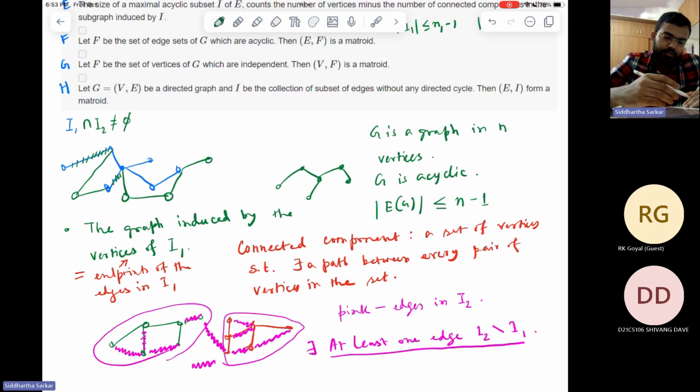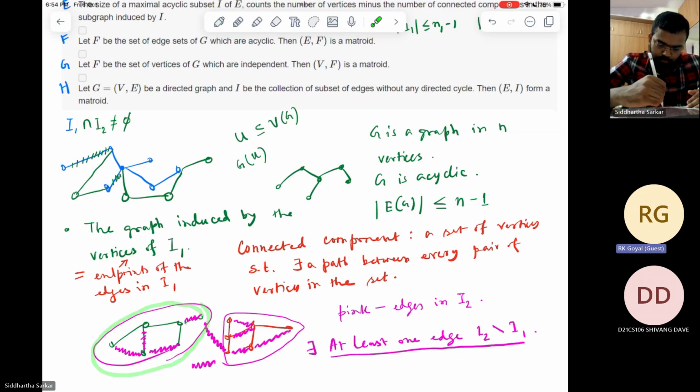When we say that you have a vertex set U, which is a subset of the vertex set of the graph, then the graph induced by U is the graph where you take all the vertices in U and all the edges that lie between any two vertices of U. Okay. For example, those edges which were part of the original graph and whose endpoints are in U. Yes, that is right.